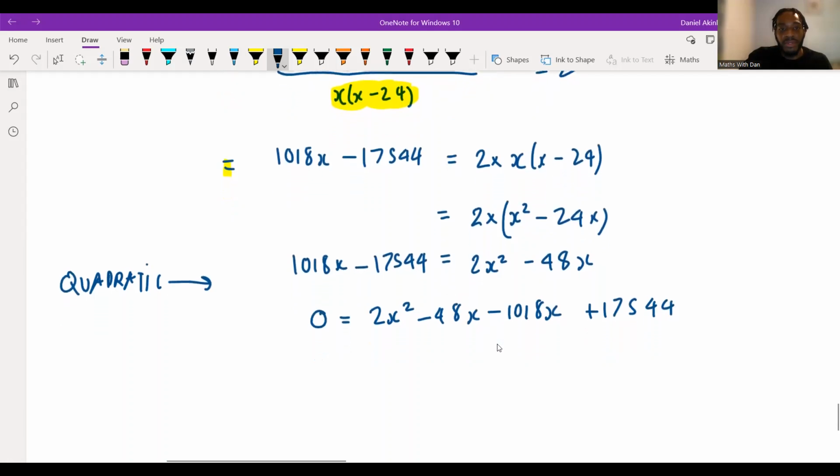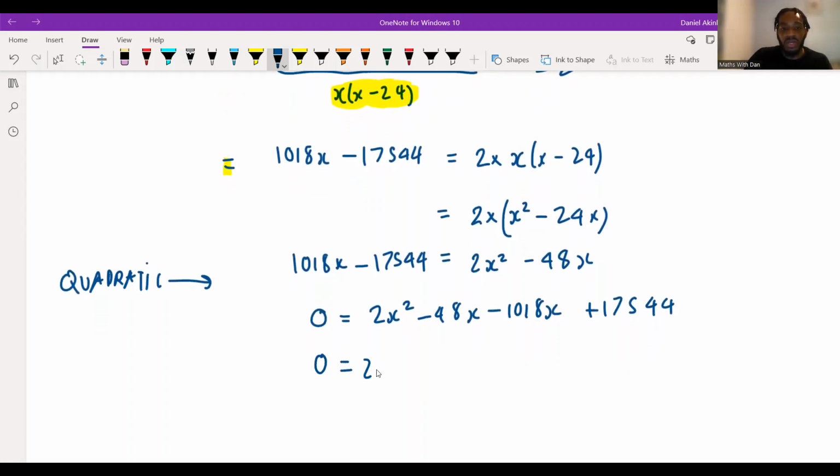Doing that, I will get 0 is equal to 2x squared, and then 48 and 1018 is 1066. So this would be minus 1066x, and then plus 17,544.